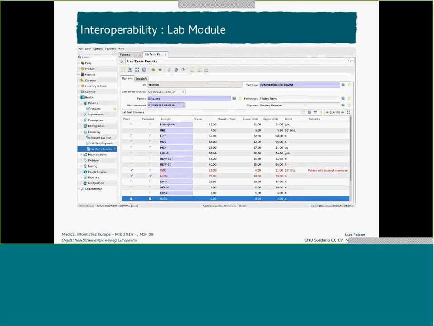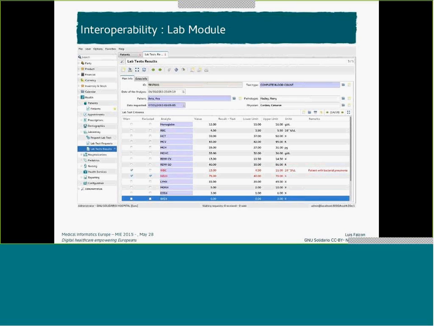Here, you are able to input data manually, but what is most reasonable, and what most centers do, is actually update that information from the information system.